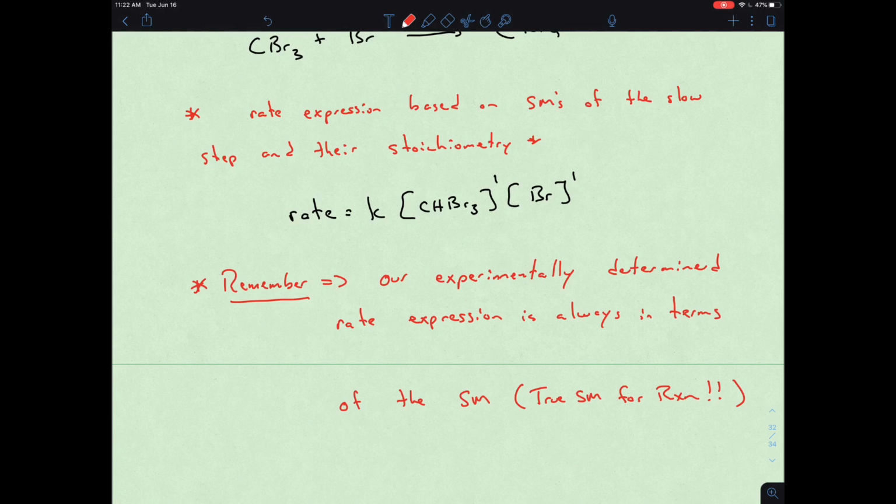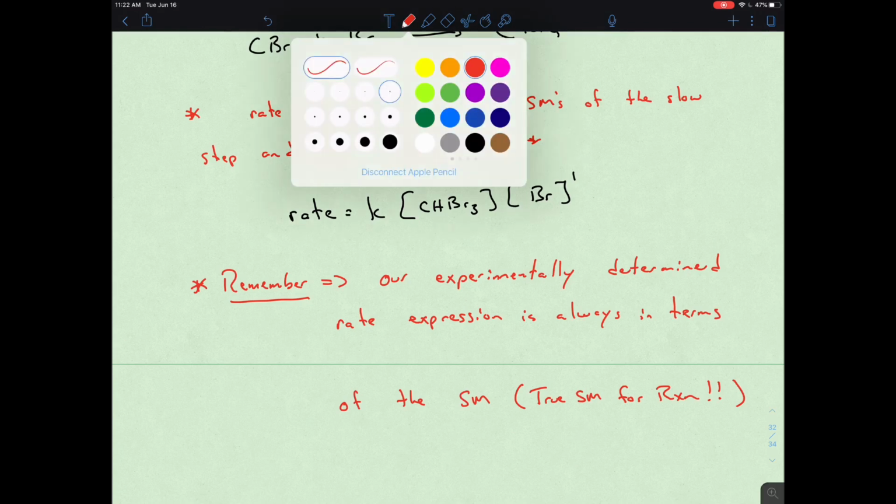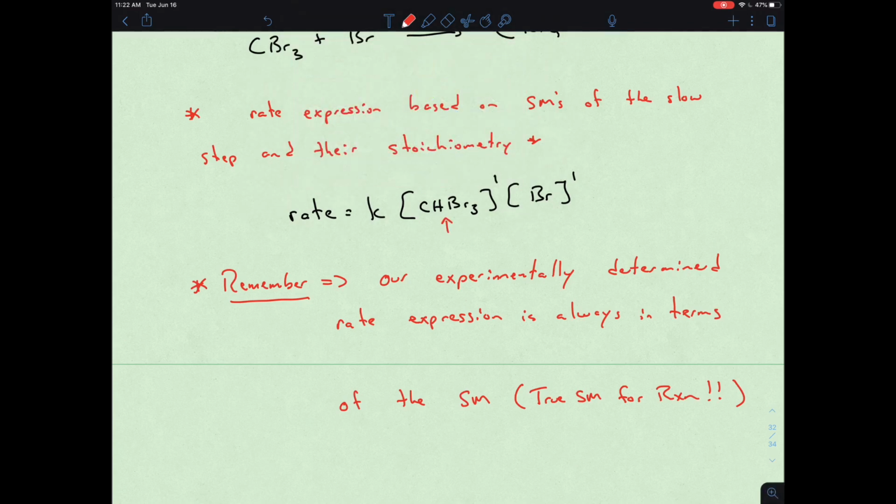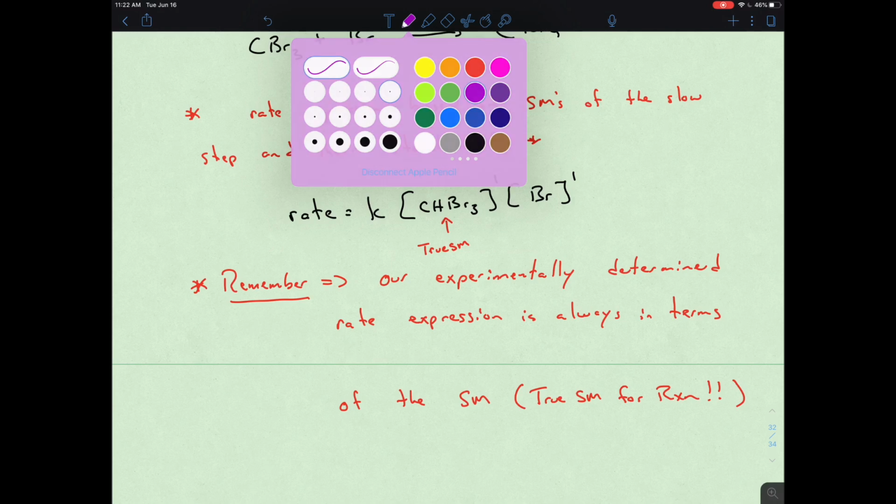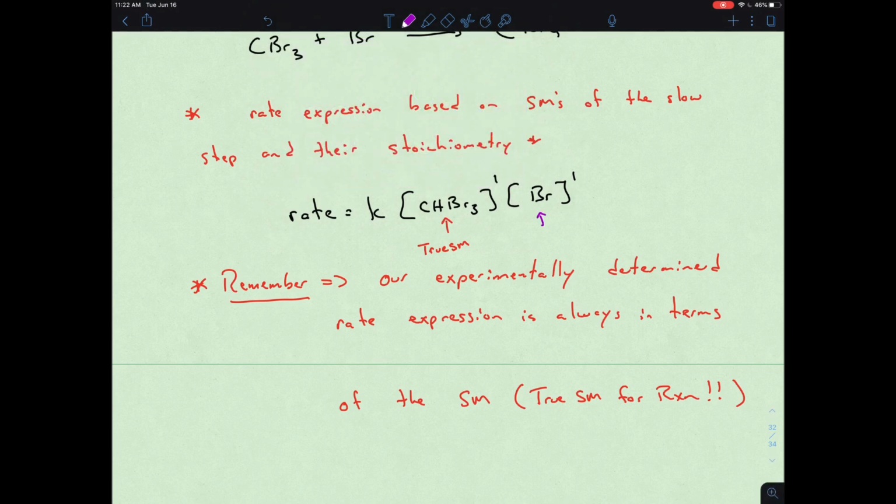If we look above, we find that the methyl bromide or the tribromomethane is a true starting material, but the bromine is actually an intermediate.